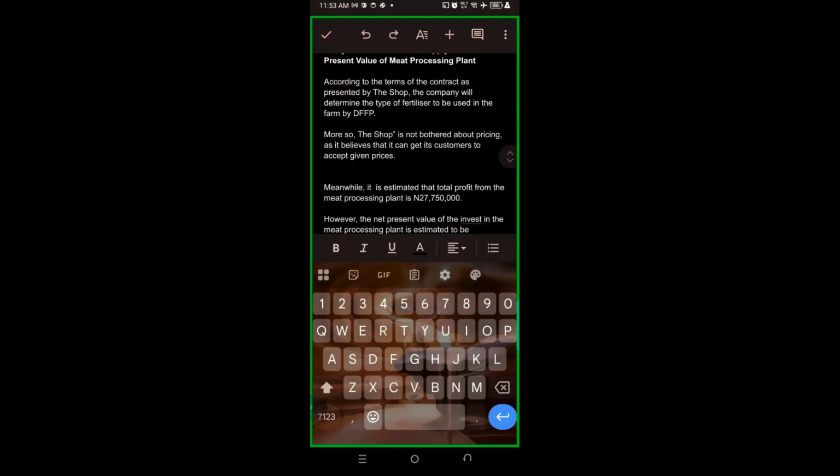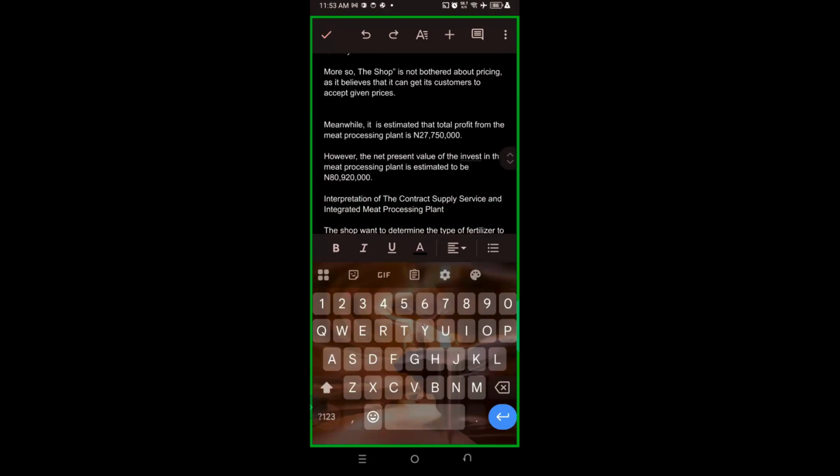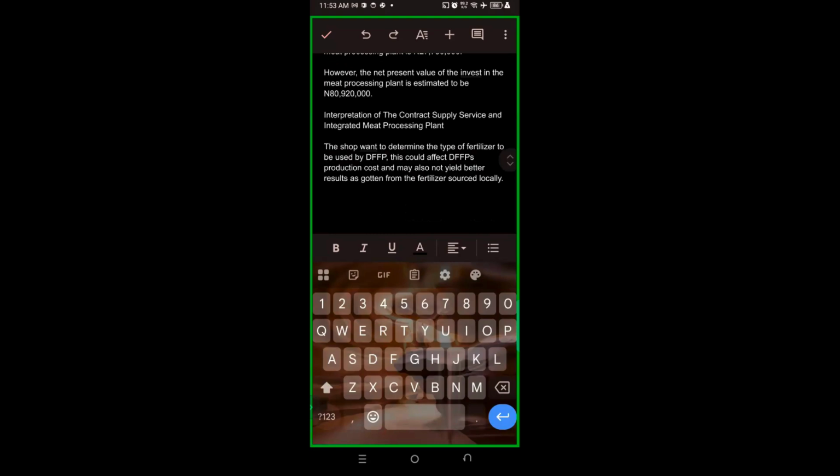And the second point, the shop is not bothered about pricing.